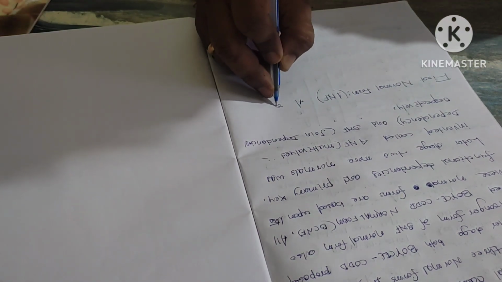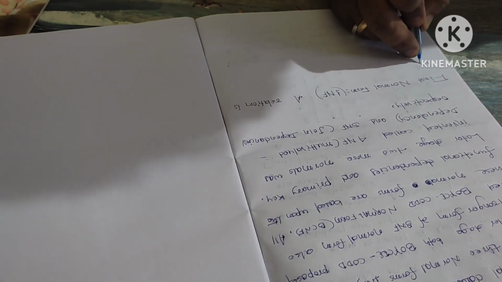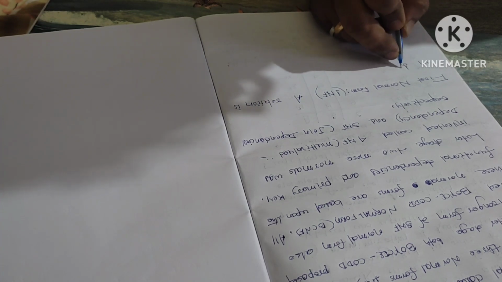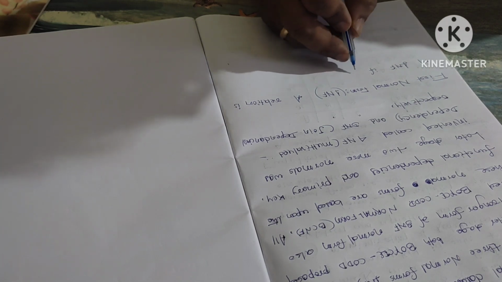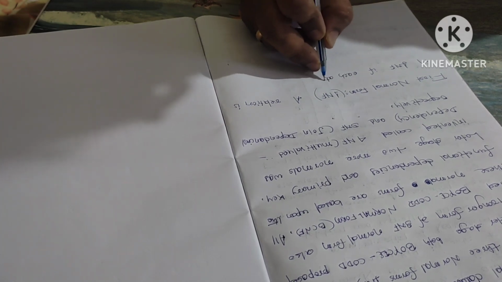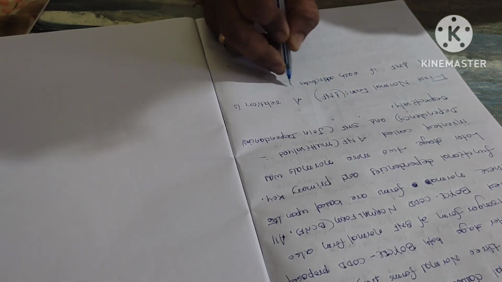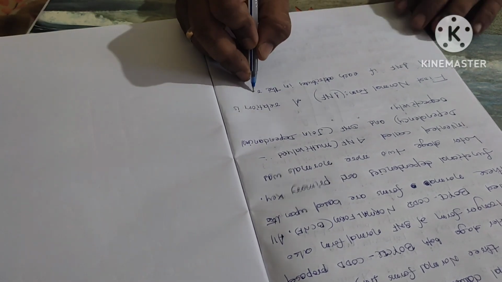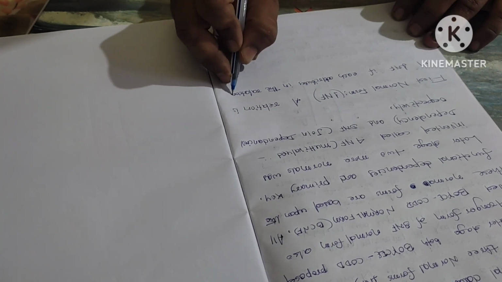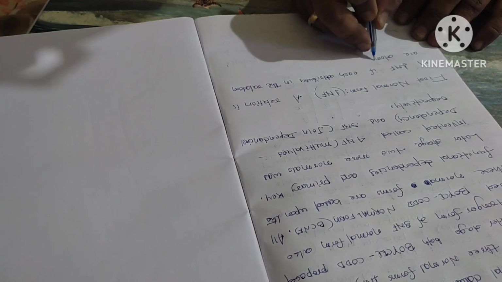A relation is in 1NF if each attribute in the relation has atomic values.